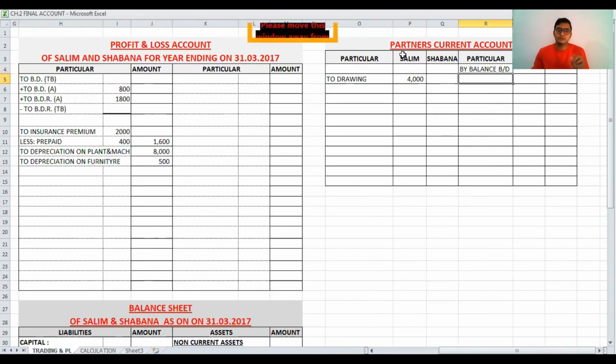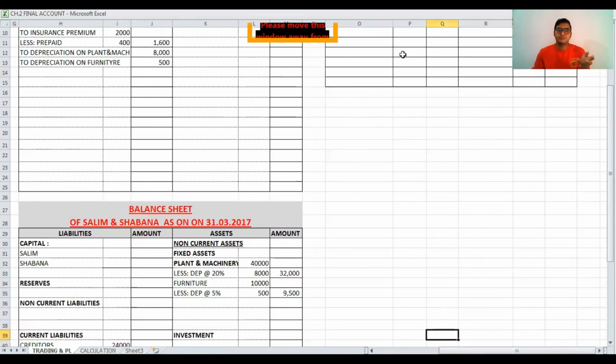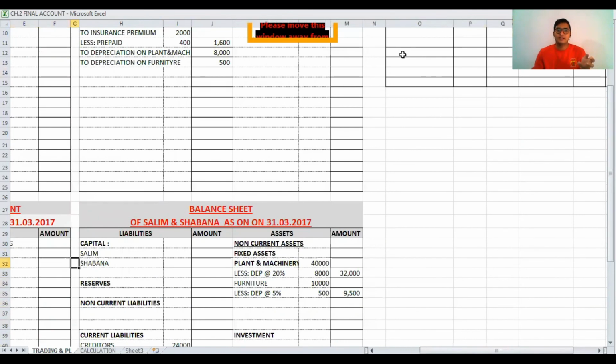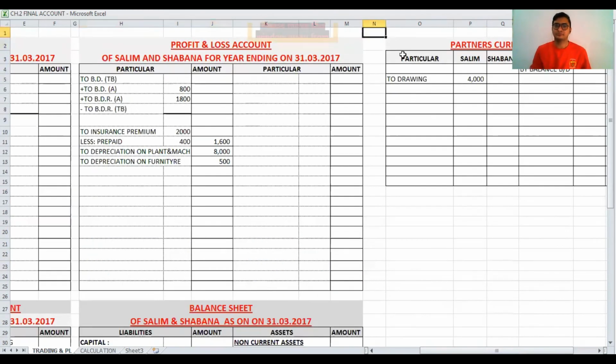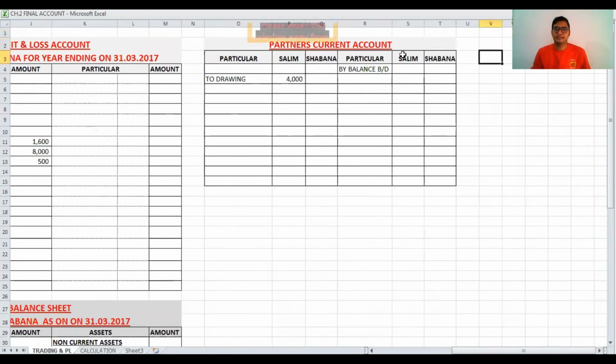And if current account we have prepared, then there is no need to prepare capital account. Directly, capital account balance 1,60,000 and 1,20,000 that we have recorded in liability side, and total of these two is 2,80,000 as a capital.